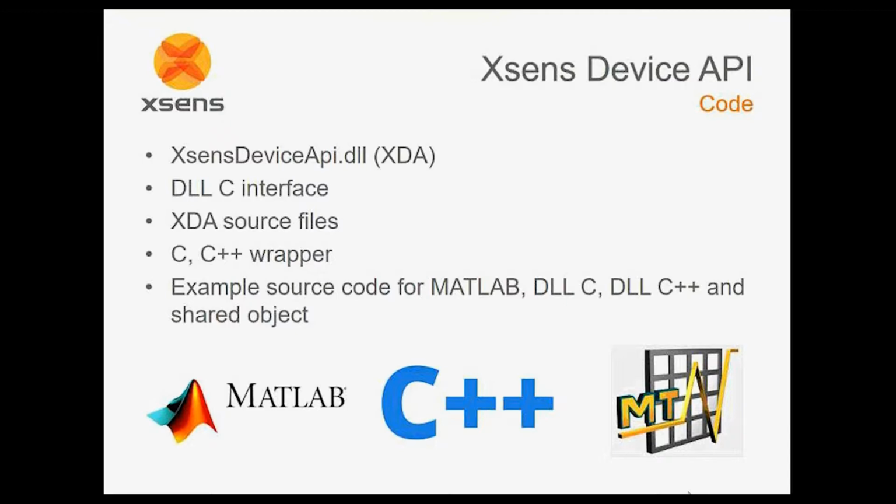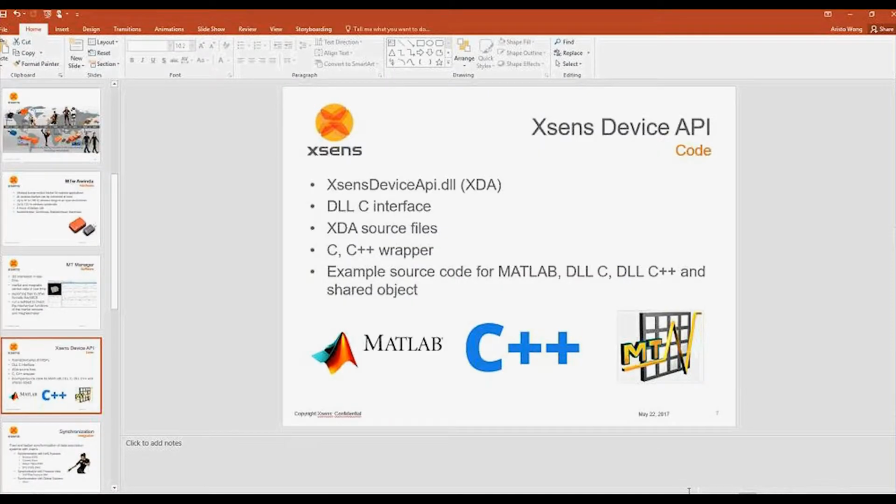We provide all the source files, in which we provide example code as well. These are examples that we've developed that use the Xsens Device API, which you can go ahead and tweak and use.